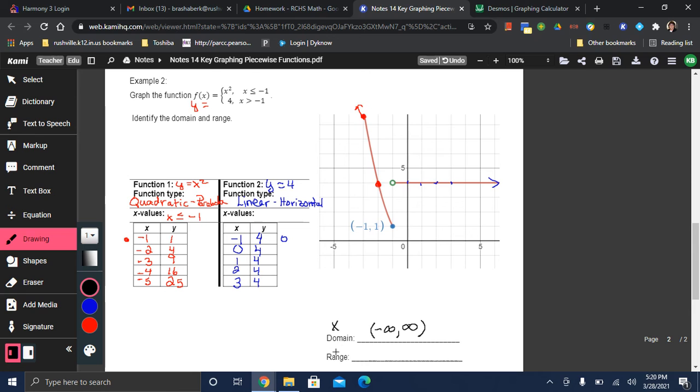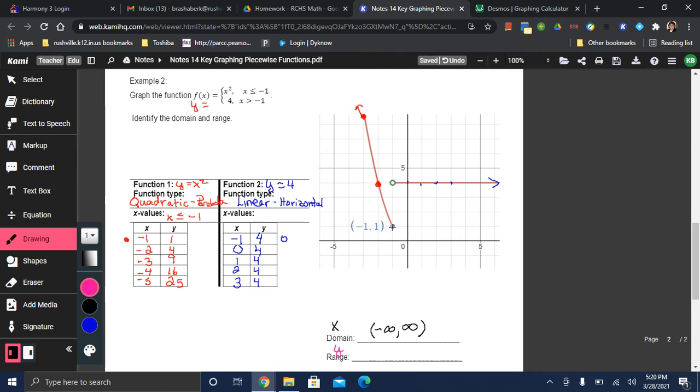All right, so then we need to take a look at the range. So for the range, and again, these are your y values, you want to look from the bottom up. All right, now on the y values, notice that neither one of these graphs are going to go below this blue dot right here.